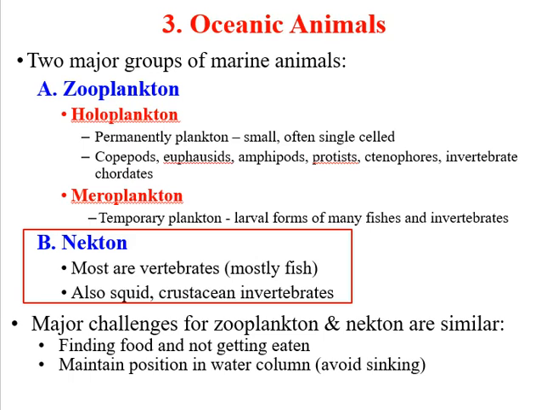But out in the open ocean, you have a lot of nekton. Most of these are vertebrates. There's a lot of fish that are out in the open ocean, but there's also marine mammals. There's turtles out there, reptiles, and there's birds that are out there.